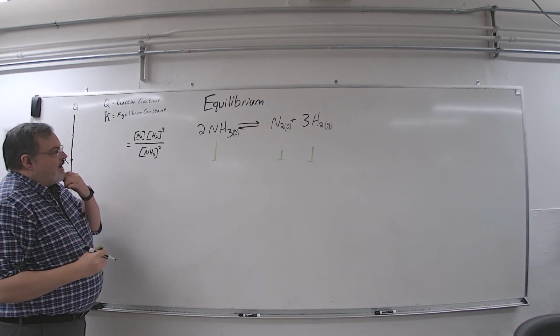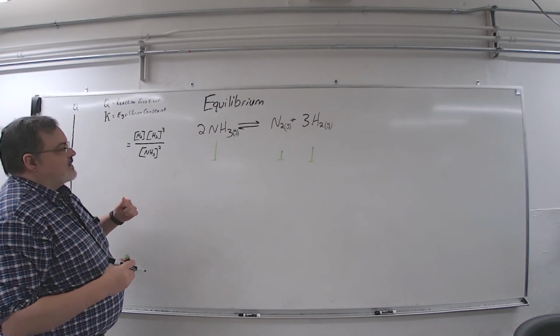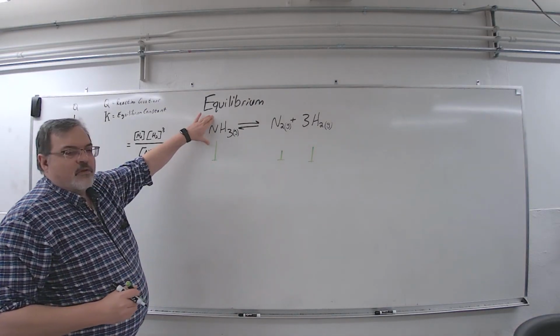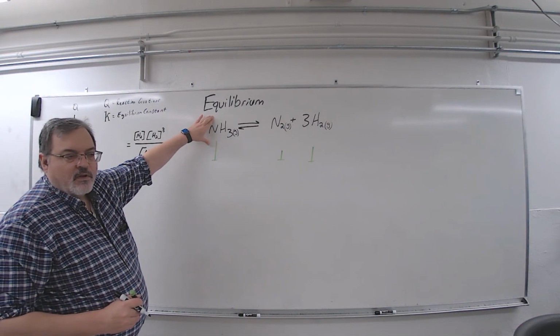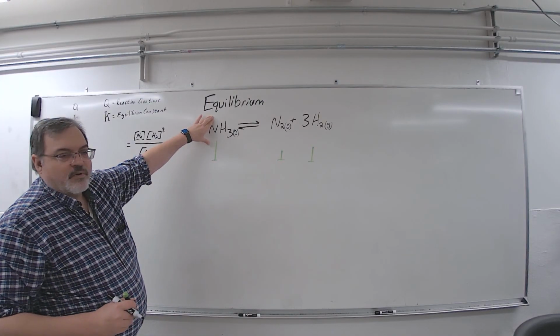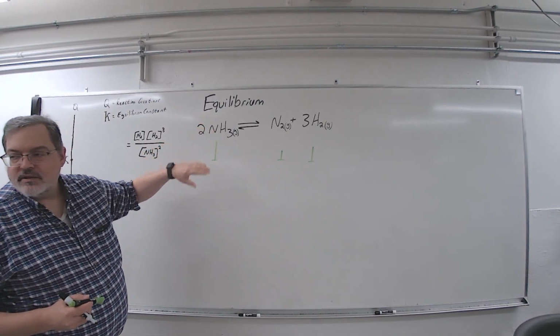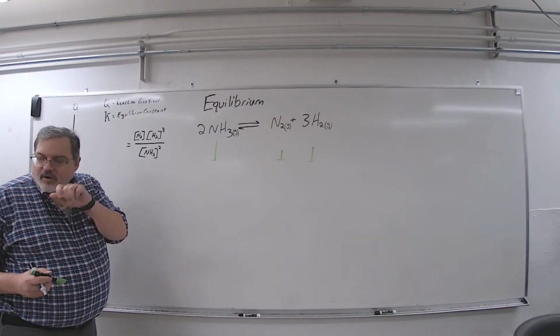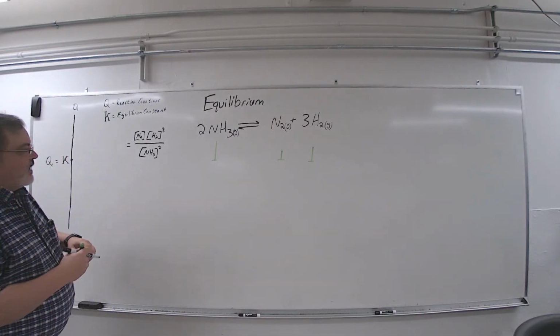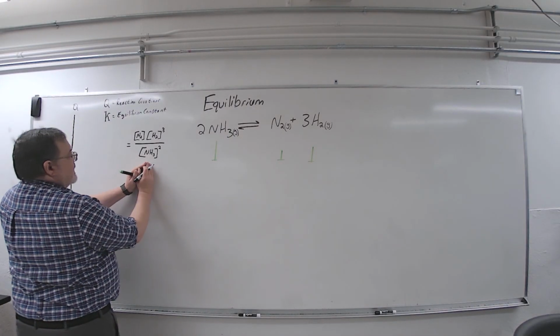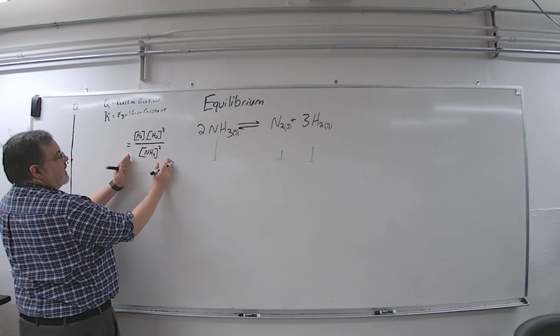Let's say at some instance in time, you squirt a little more of NH3 in there. You've increased the concentration of NH3 by introducing some extra NH3. You just squirt some through a little hole and you close the hole. At that very instant, suddenly this has gone up.